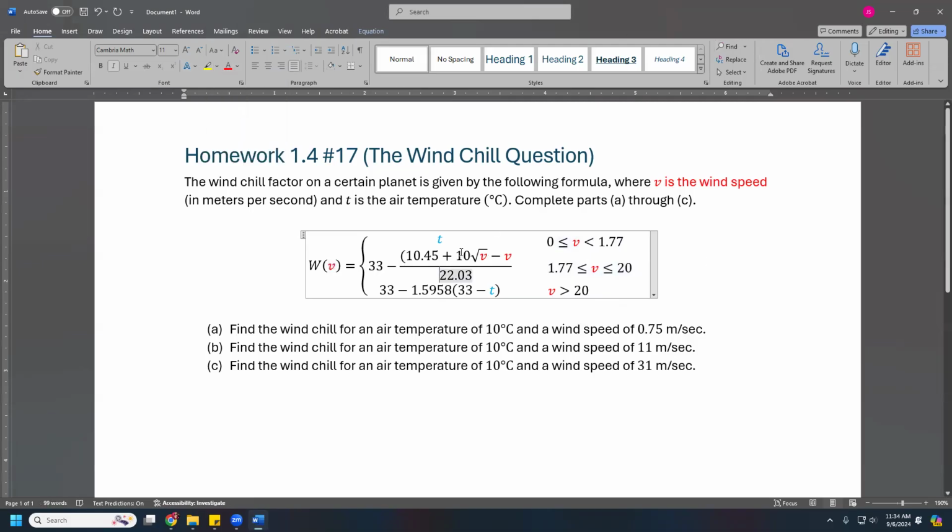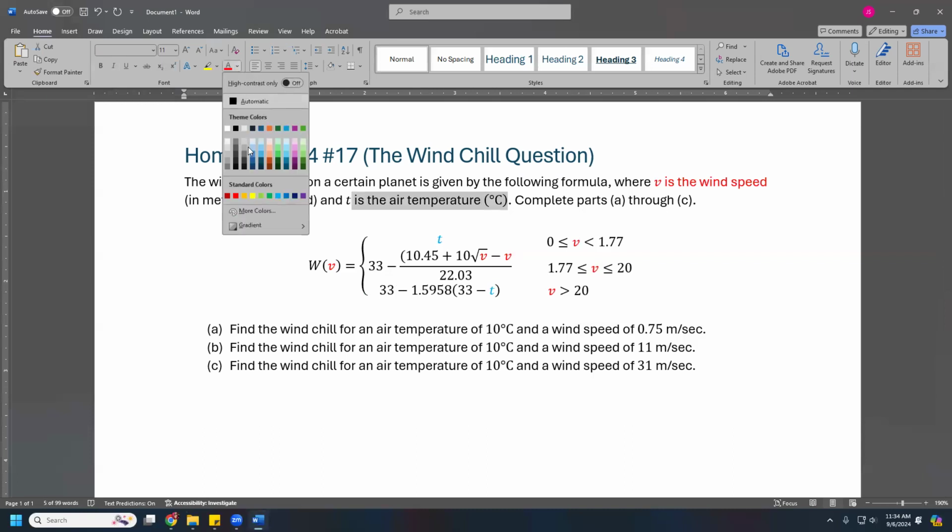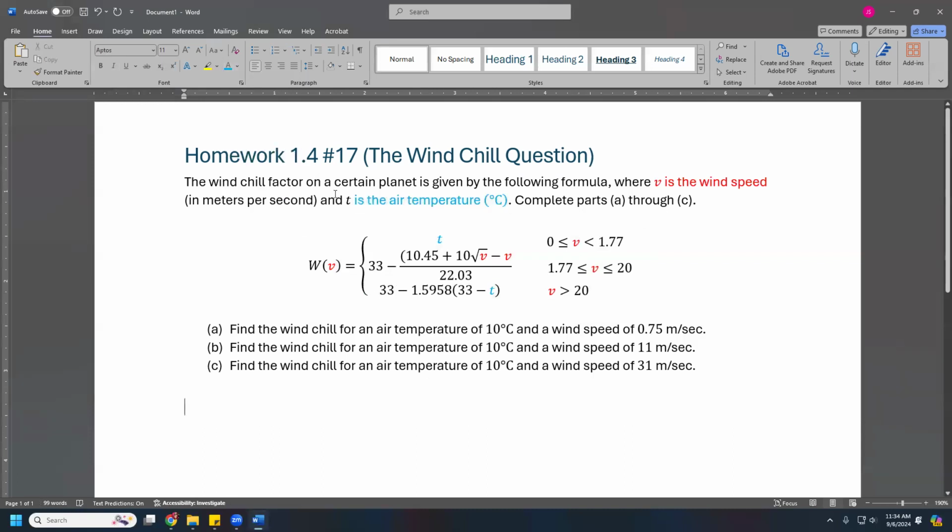However, you'll notice I also have T floating around. T is also a variable, except you'll notice that T represents temperature, and for all of the questions, they've given me the same temperature. So for part A, it says find the wind chill for an air temperature of 10 degrees Celsius. So what this really means is instead of T, I should actually have 10.